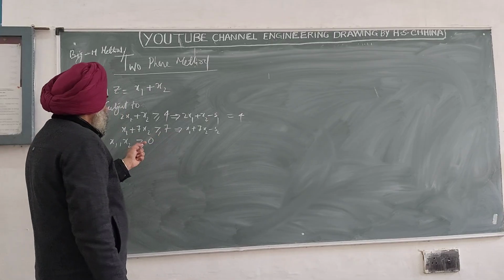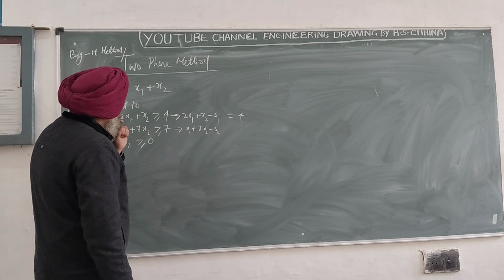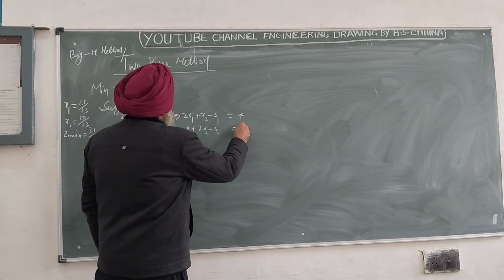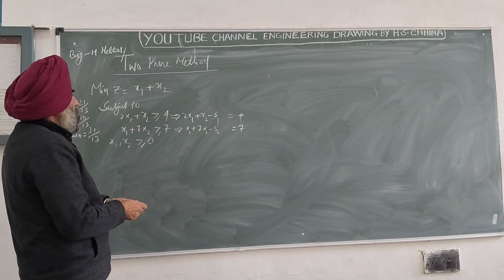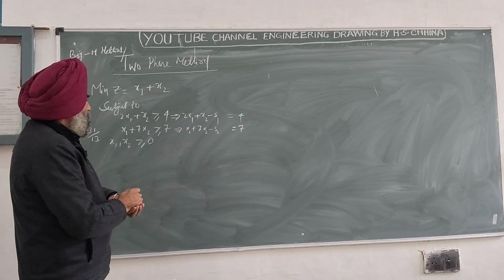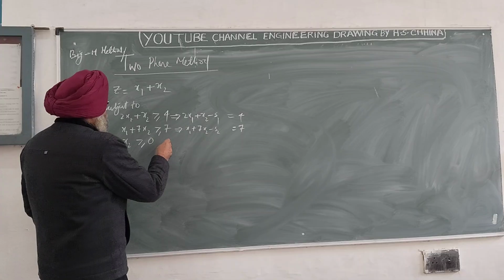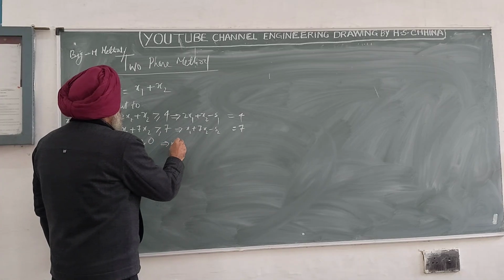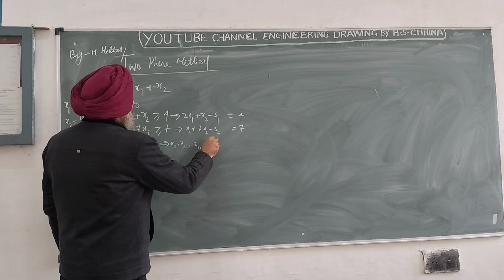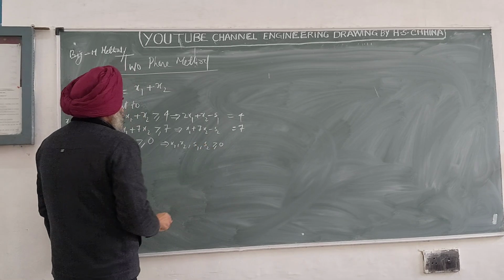Why? Because the left hand side is greater than the right hand side. That is why the slack variable has been subtracted from the first constraint by introducing s1, and s2 in the second constraint. This was x1, x2, s1, s2 greater than equals to 0.